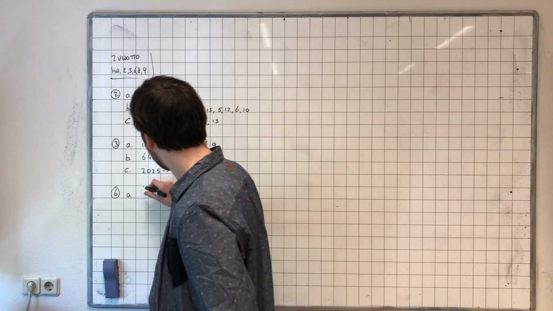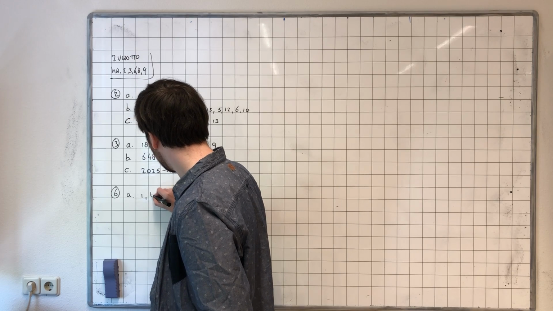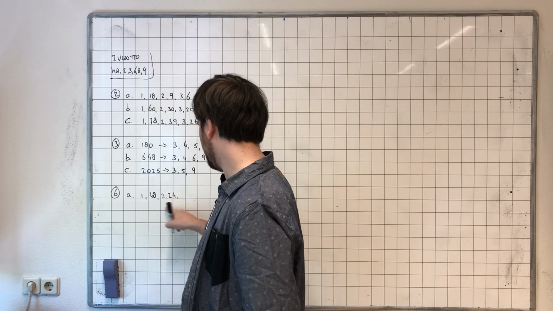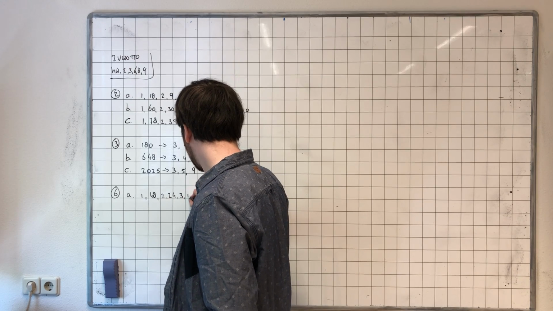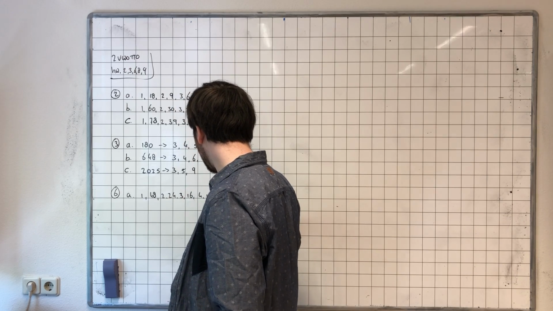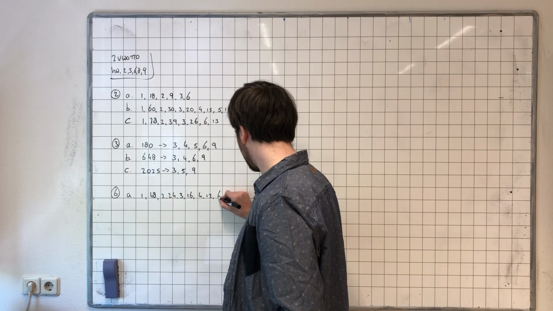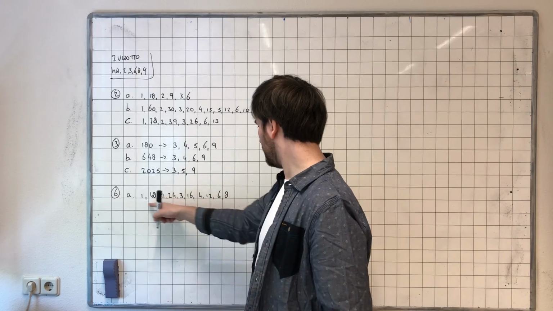So all of the divisors are 1 times 48, 2 times 24, 3 times 16, 4 times 12, nothing with 5, 6 times 8. These are all divisors.